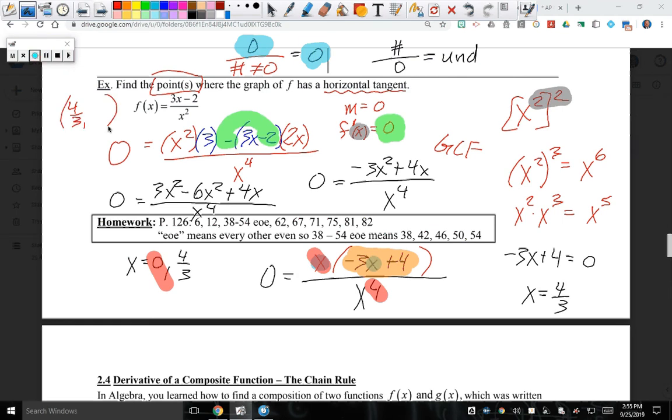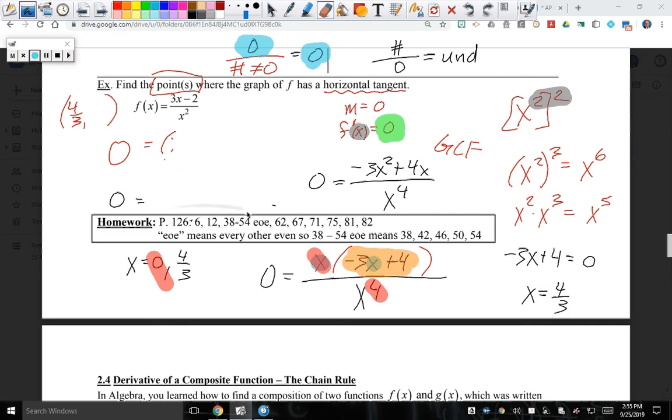But I'm not done because I was asked for the point. So I have to plug it into the original position function to get that point. It's like you keep going back and forth between f prime and f of x, or all 3 levels, to grab pieces that you need. So let's plug in 4/3 right here and right here. So 4/3 times 3? 4.